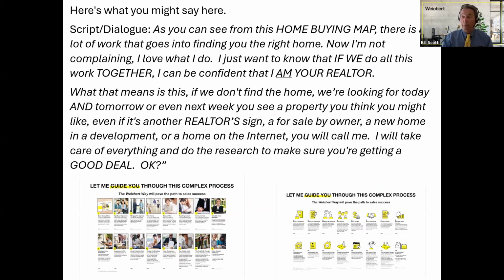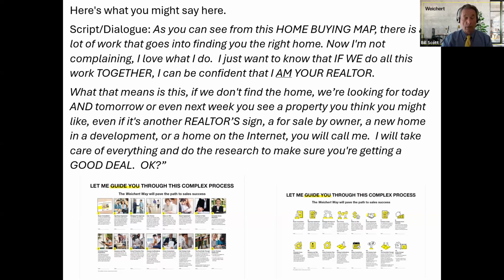If we don't happen to find the home you're looking for today, and let's say you're driving to the grocery store 2 days from now and you see a home that you think might be the one, even if it's got somebody else's sign in the front yard, you're going to call me, because you know I'm going to do the research to make sure it's a good deal for you. I'm going to take care of everything, all of those things we talked about on that other page. Okay, can I count on you?